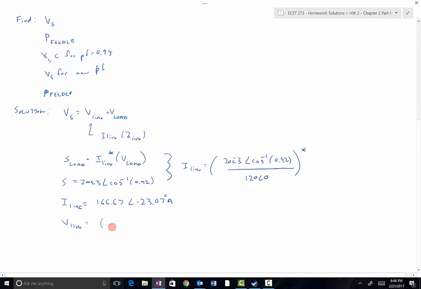And so that's going to be 166.67 at an angle of negative 23.07. Need to multiply that by the impedance of the feeder, which was 0.01 ohms plus j0.1. You do that multiplication, you're going to get a voltage drop across the line of 16.75 at an angle of 61.22 degrees.